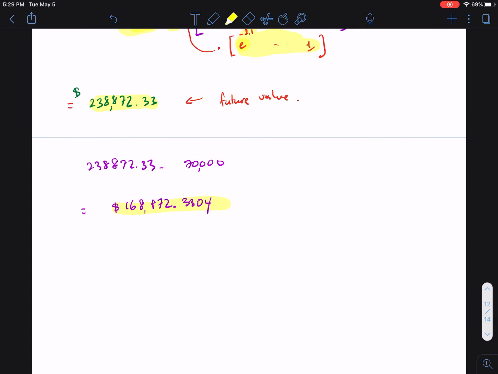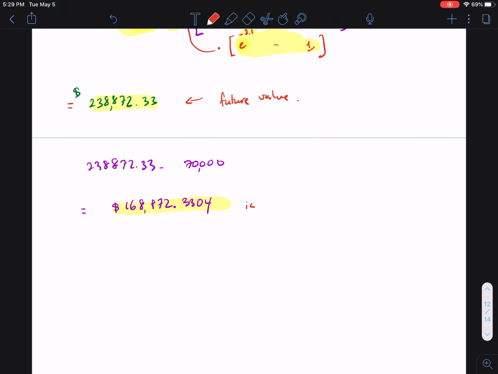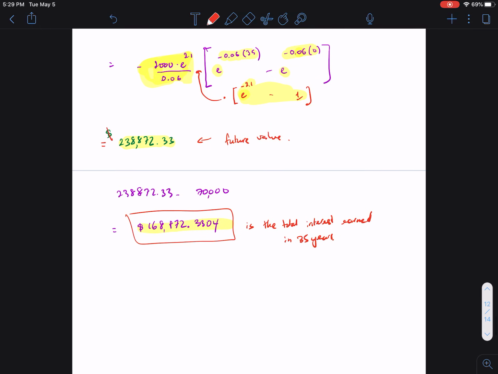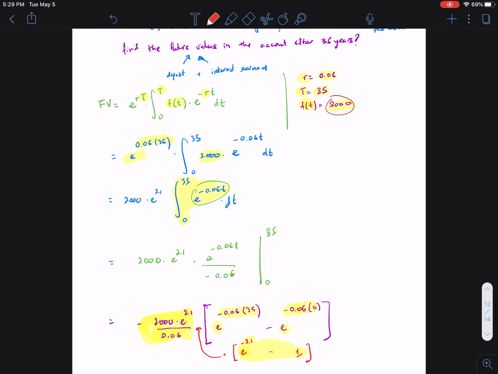So this here is the total interest earned in 35 years. Again, please double check if you get the same answer. I did this a couple of times, but sometimes I make mistakes. As far as the steps go, the steps should be pretty legit right there.